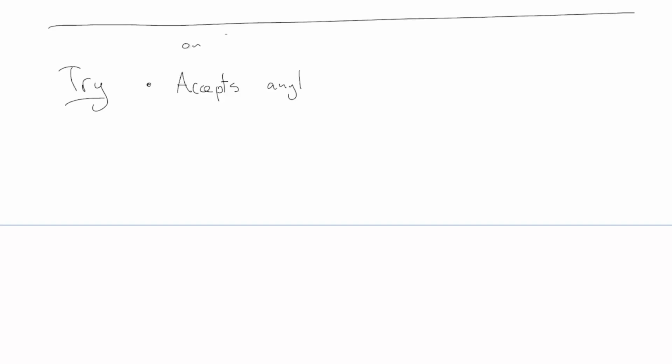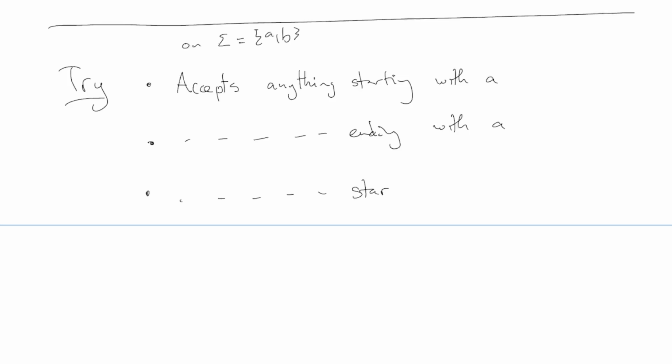All of these are on the alphabet A, B. Accepts anything starting with A. Next, anything ending with A. Next, anything starting and ending with A. And then finally, anything starting or ending with A.